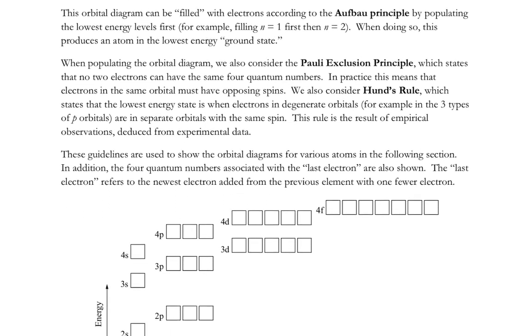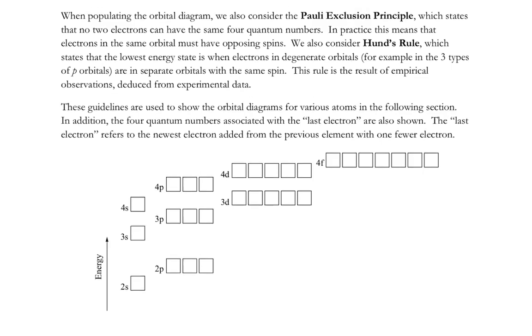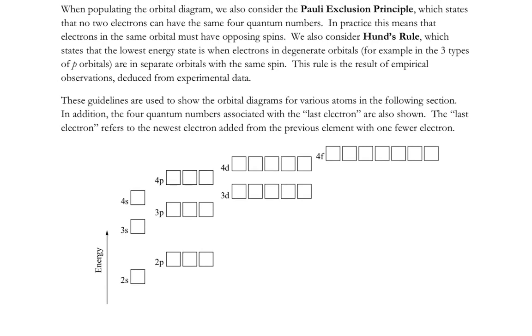When filling in the electrons, we have to think of several rules, principles. The first one is the Pauli exclusion principle, which states that we can put 2 electrons into an atomic orbital. One has spin up, the second one has spin down. We always start with spin up first.